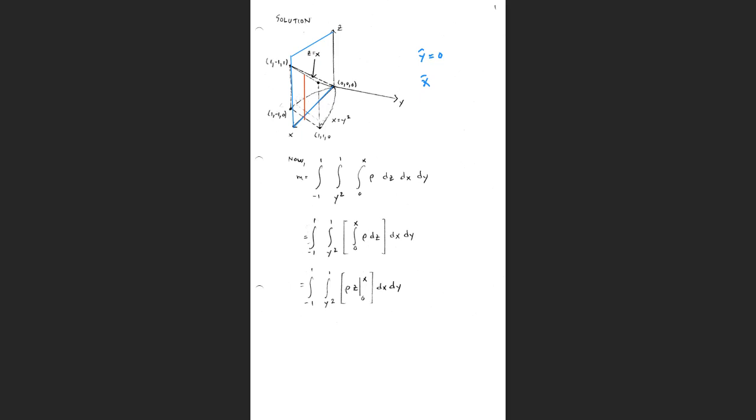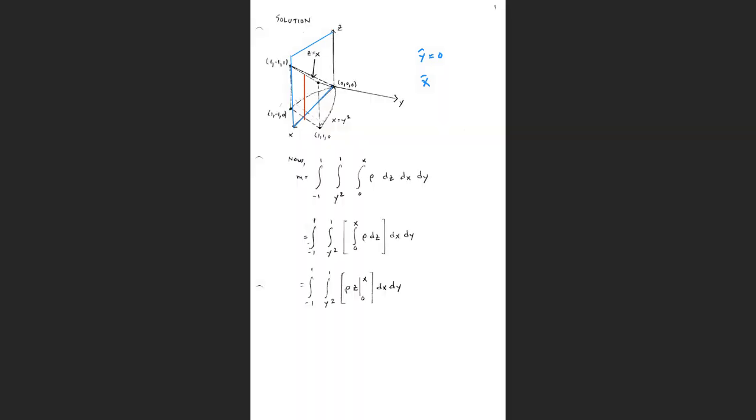With respect to the xz plane, the solid is balanced perfectly. There's an equal amount of mass to the right and the left of the xz plane. And distance-wise, the mass is equally distributed about the xz plane. But the mass is not equally distributed with respect to the xy plane or the yz plane. So x bar we have to compute.